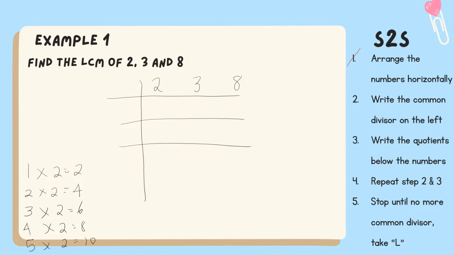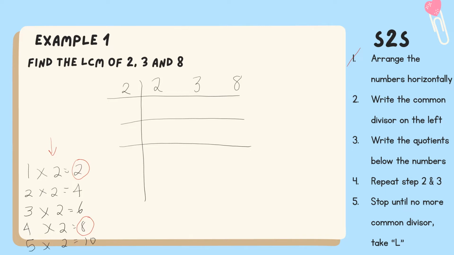So we have a 2 and we have an 8 in timetables 2. How about this 3? There are no 3 here. So don't worry. We can divide the 2 and the 8 first.